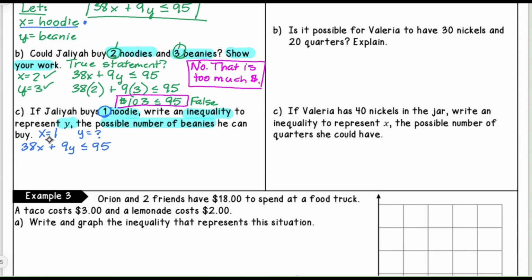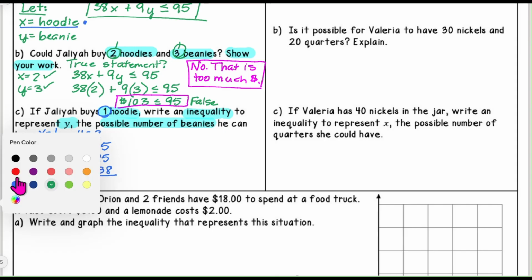All right, so I can substitute that 1 in here for x. So we know we're going to spend $38 for 1 hoodie, and all the rest of the money we can buy beanies with. That's a lot of beanies. Alrighty, so I'm going to go ahead and subtract my 38, because 38 times 1 is 38, right?